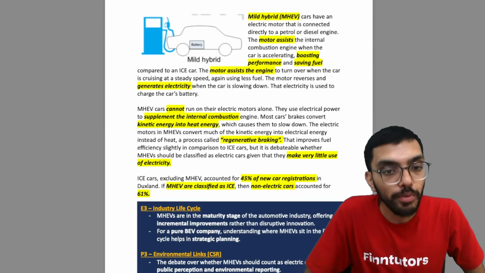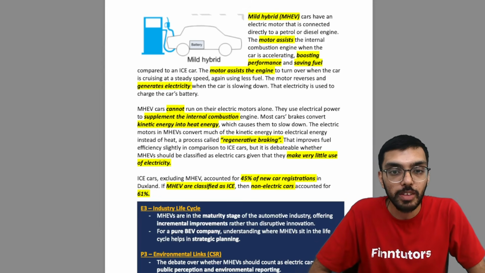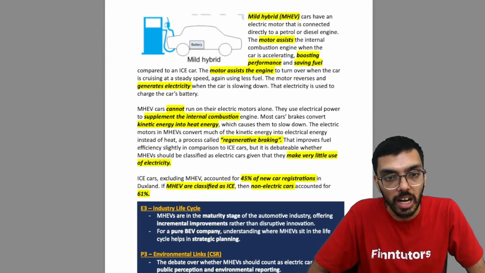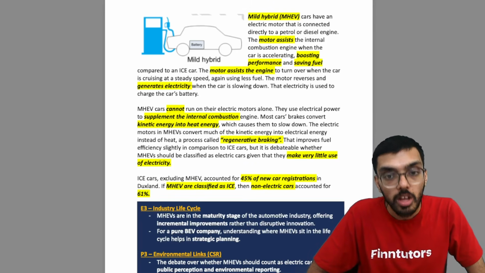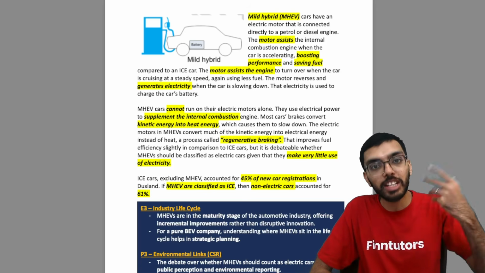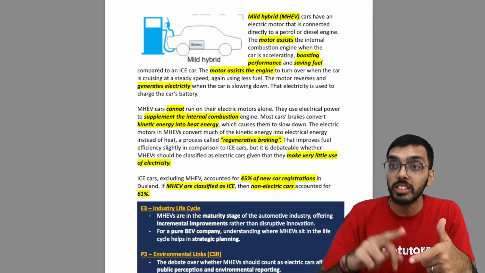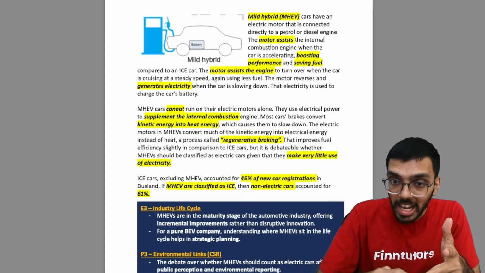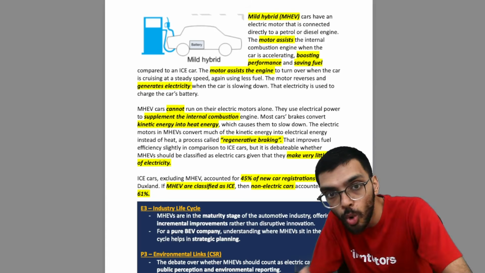That improves fuel efficiency slightly, but it is debatable whether MHEVs should be classified as electrical cars given they make very little use of electricity. But if you are a manufacturer of electric cars, your competition becomes mild hybrids, plug-in hybrids. All of this is your competition. So it's important to know about this.